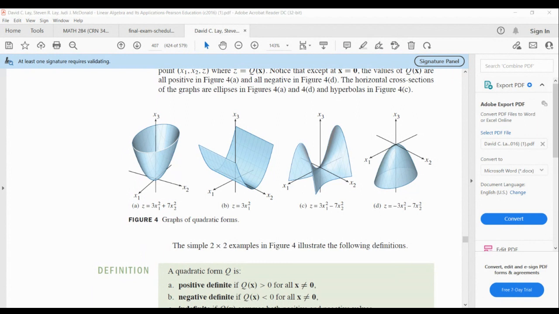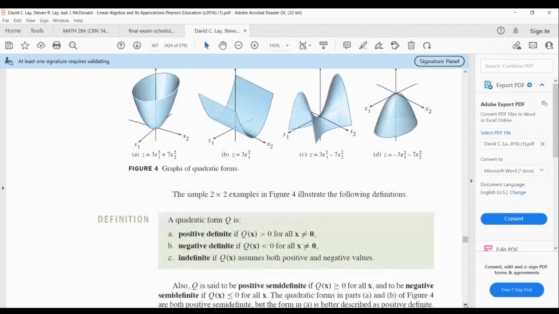And in part D, both eigenvalues, -3 and -7, are negative. So we can classify quadratic forms as being positive definite, negative definite, or indefinite, based on where the z values are. Those are the definitions of quadratic forms.